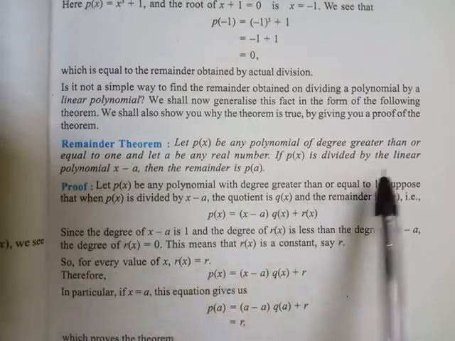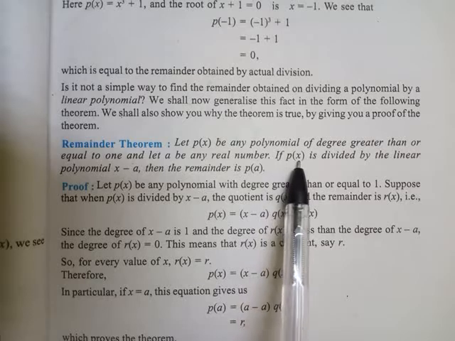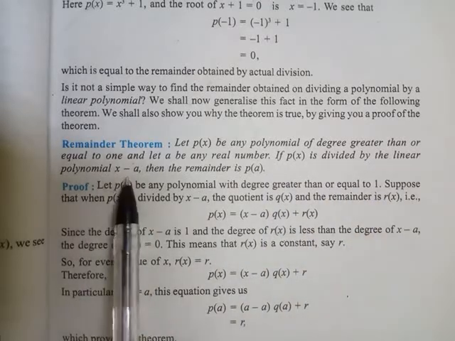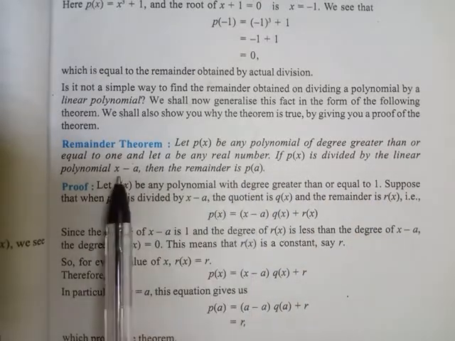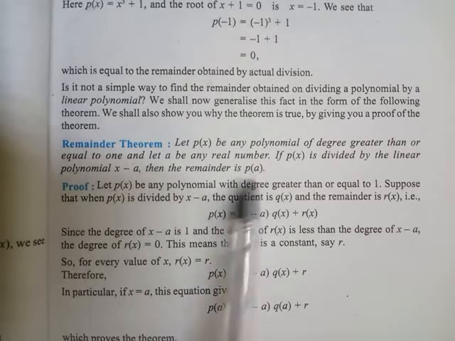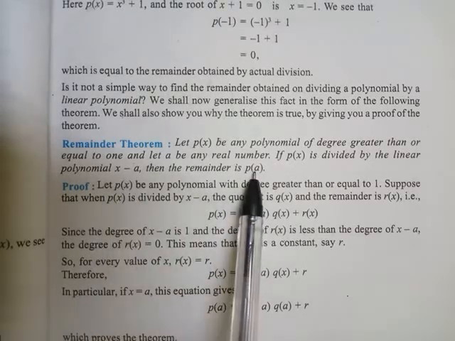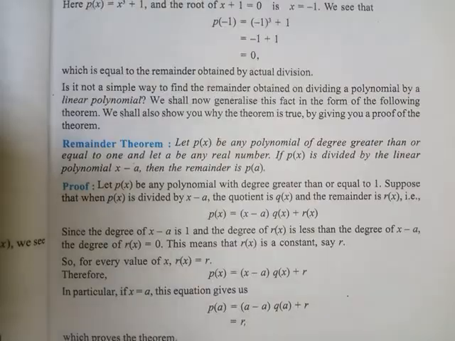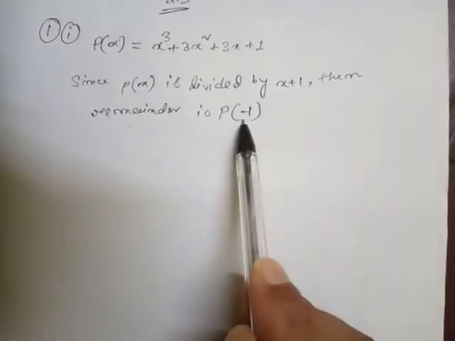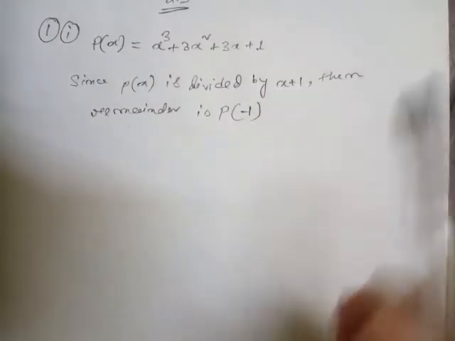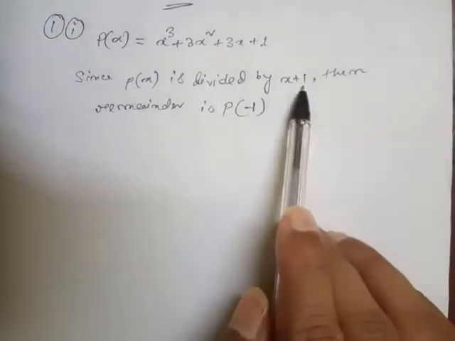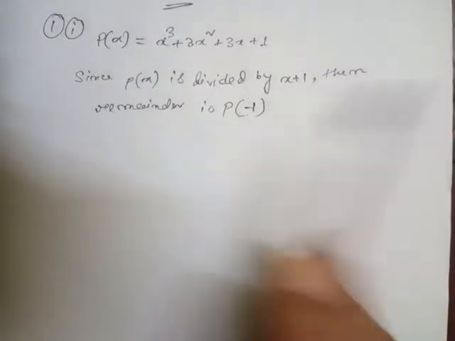I repeat again, P(x) is divided by the linear polynomial x minus a, then the remainder is P(a). There is x minus a, that's why there is P(a). But now look here, x plus 1, that's why here is P(minus 1).